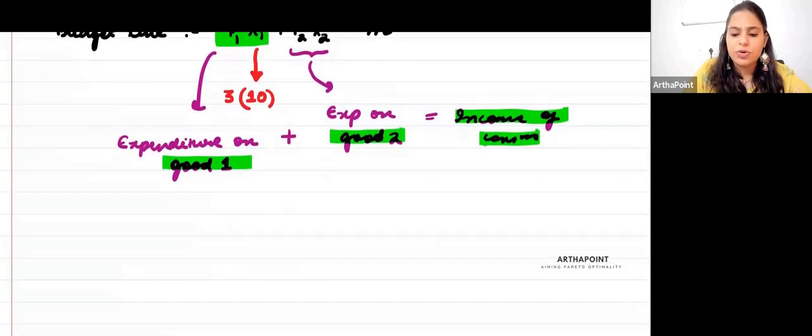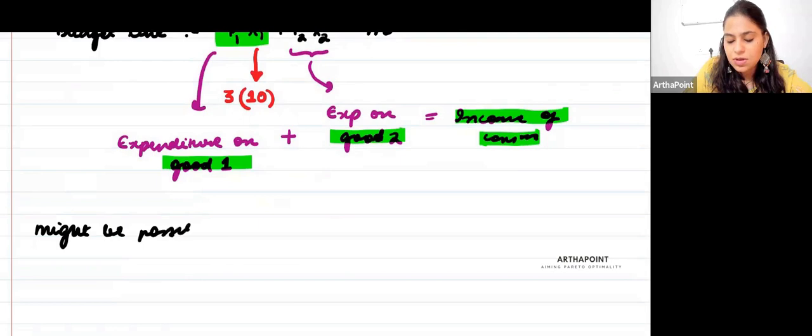It might be possible that the consumer does not consume his entire income. Whatever he spends on good 1 plus whatever he spends on good 2 can be less than his income also.